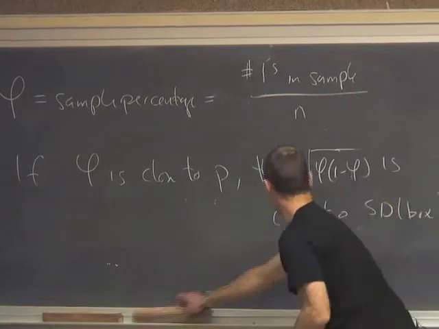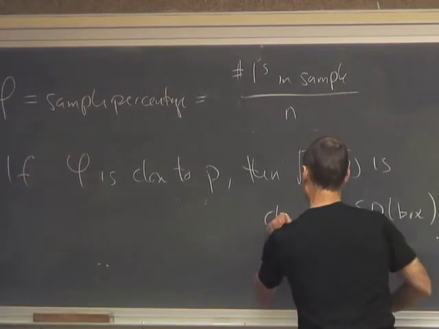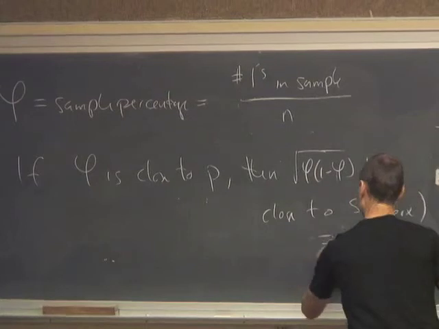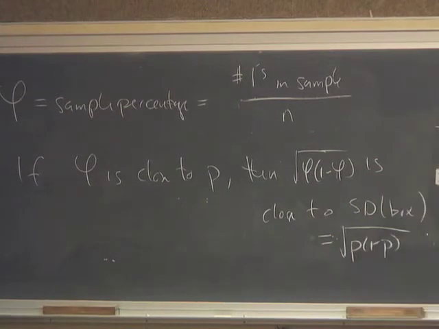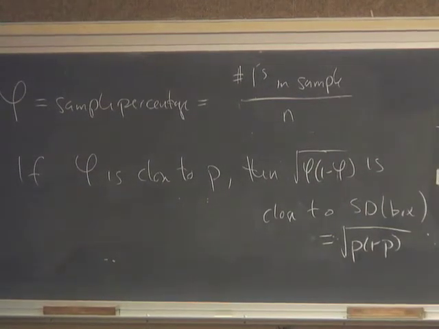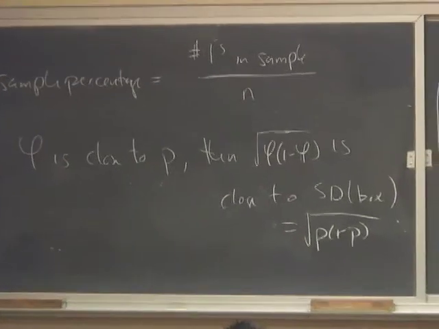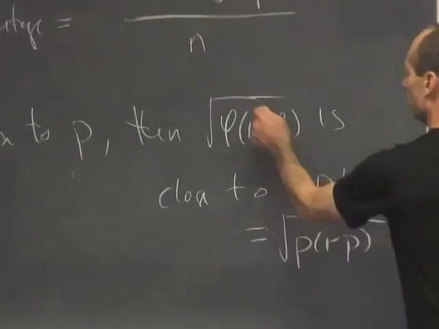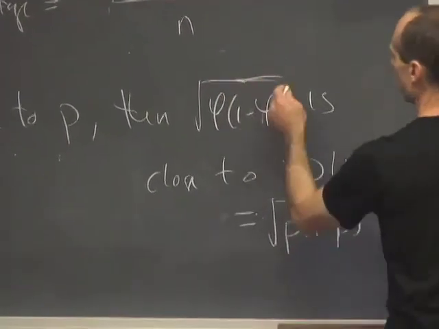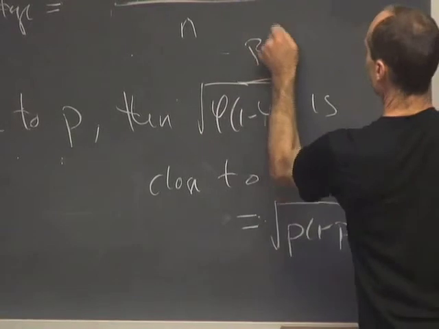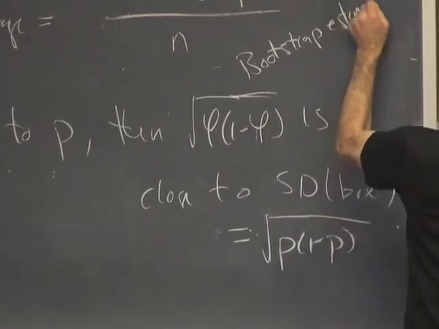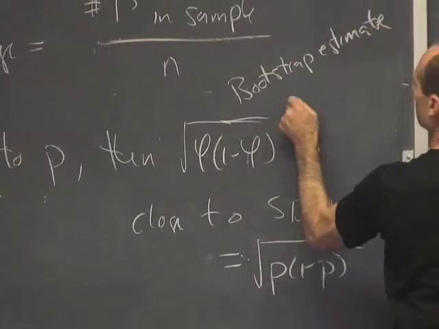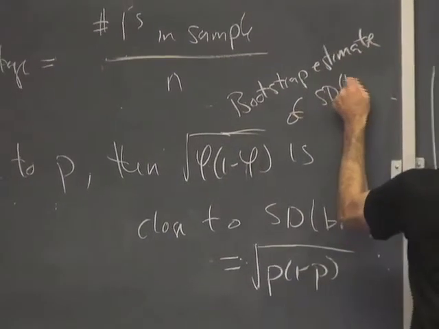Because the SD of the box is the square root of p times 1 minus p, okay? So this number is called the bootstrap estimate of the SD of the box.